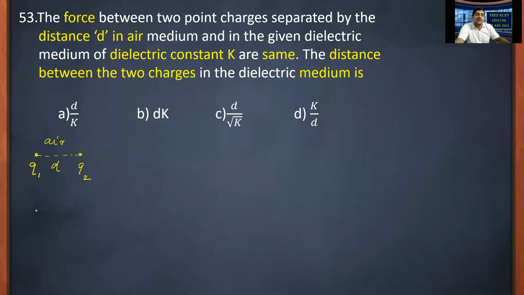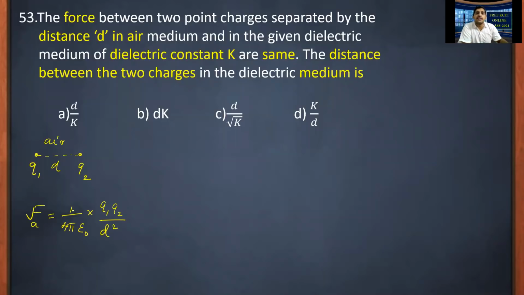If I write the force formula, F A is equal to 1 by 4 pi epsilon naught into Q1 Q2 divided by d square. This is for air.